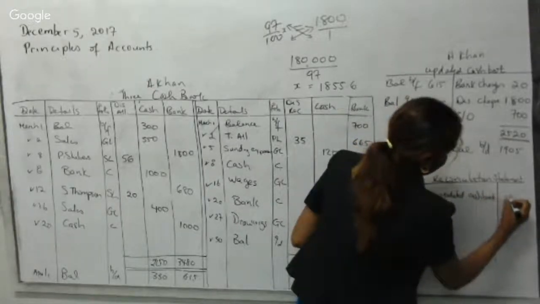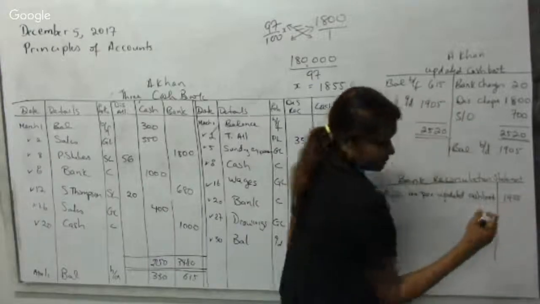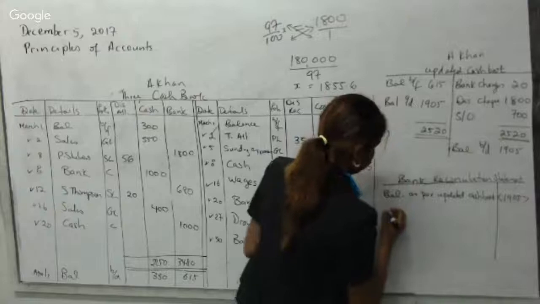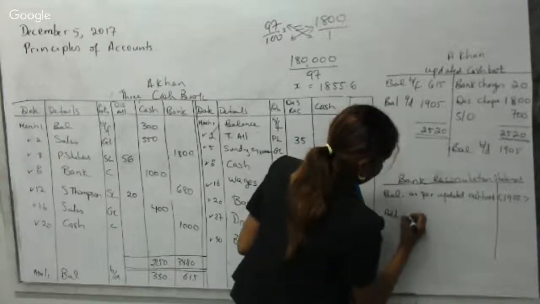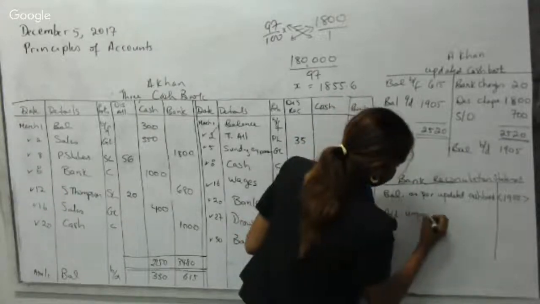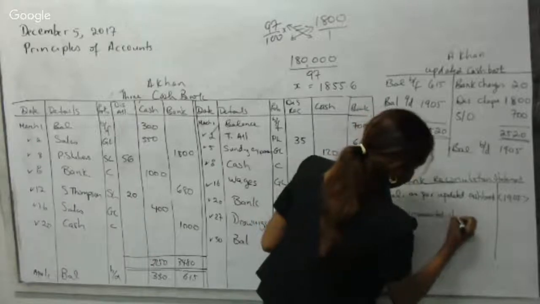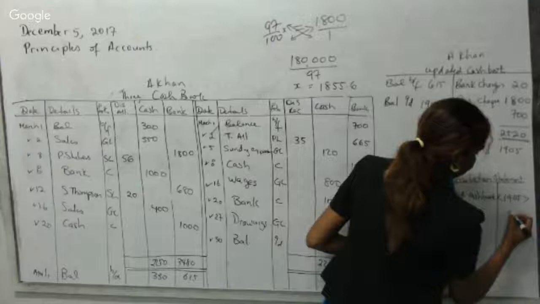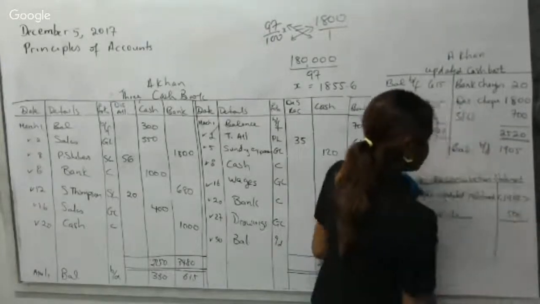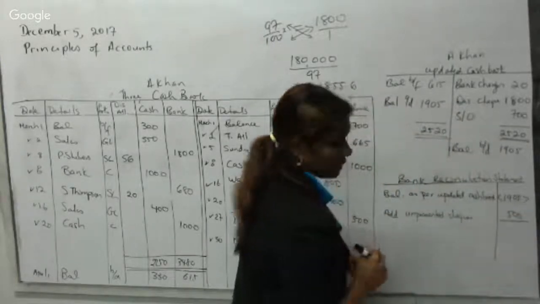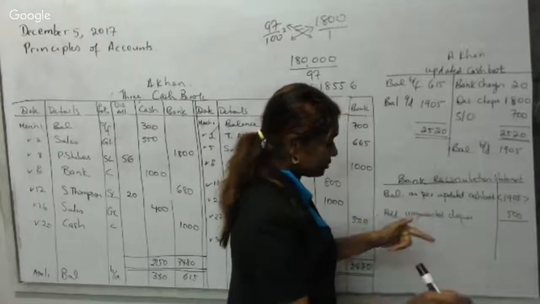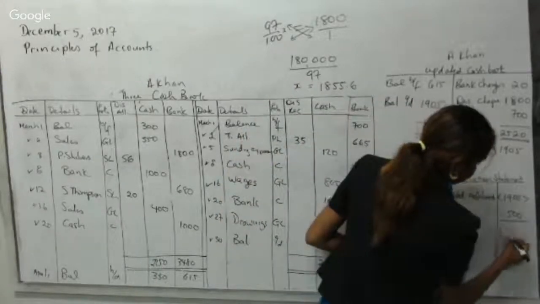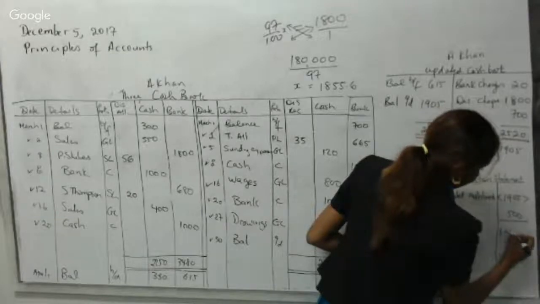Okay, so this is 1,905. Remember, we said that it is an overdraft, so we should have a negative figure, on the credit side. We add unpresented checks, which in this case is the 500. So we're adding 500 to a negative 1,905, and this becomes negative 1,405.